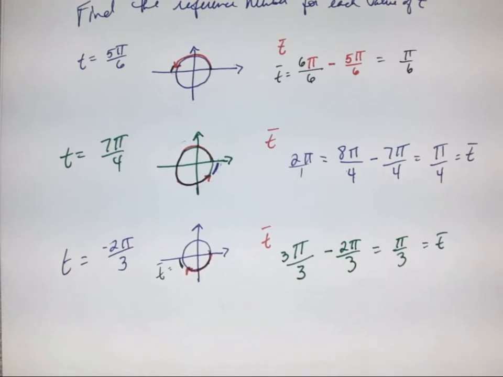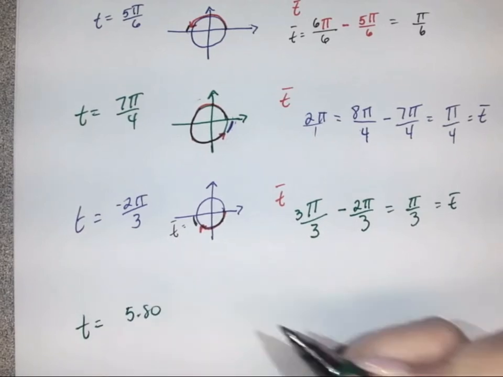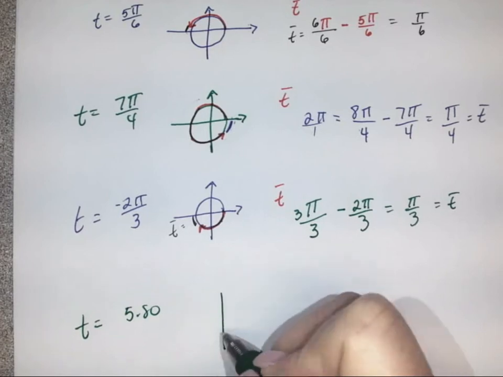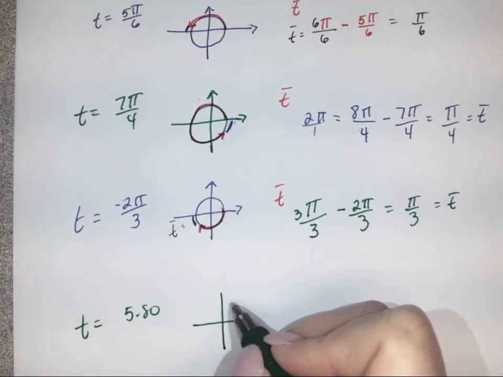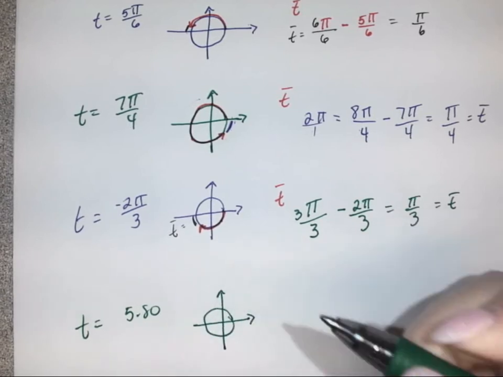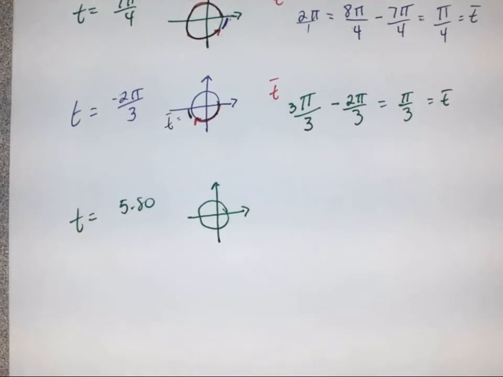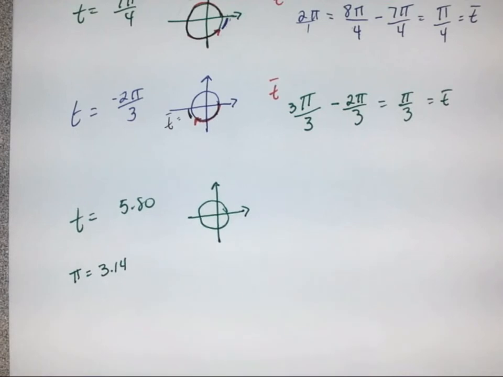All right, what if we have a t is equal to 5.80? Well, what does that mean? Because we've been dealing with pi's. Well, remember what pi is equal to. Pi is equal to 3.14.